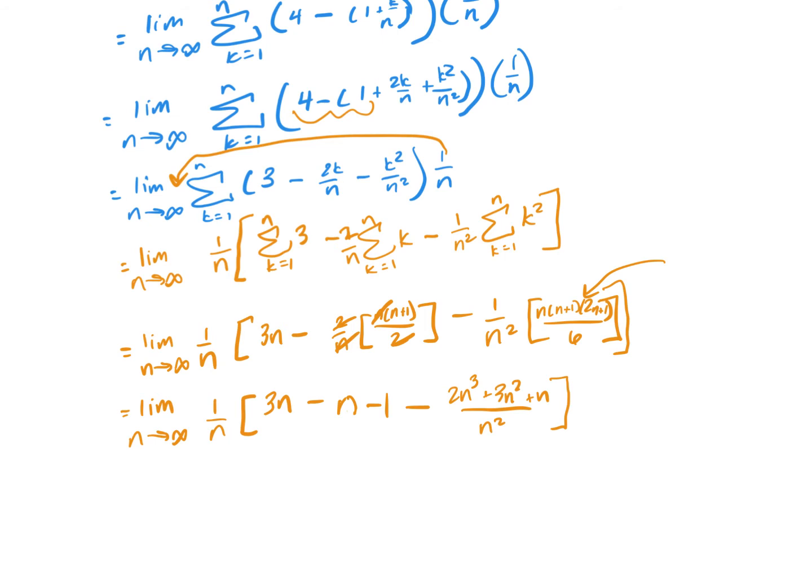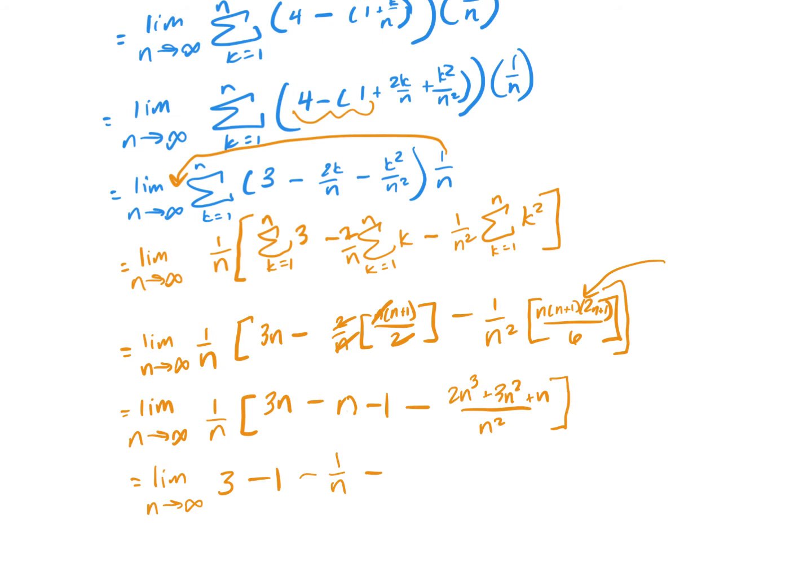Man, this is exhausting. You guys mind if I distribute that 1 over n now? All right, I'll get the limit as n approaches infinity of 3 minus 1 minus 1 over n minus... Hey, wait a minute.